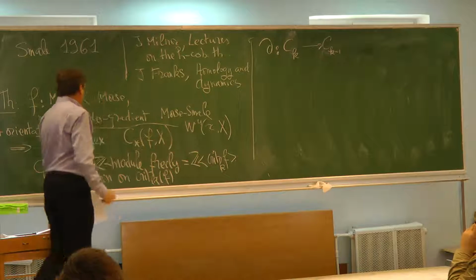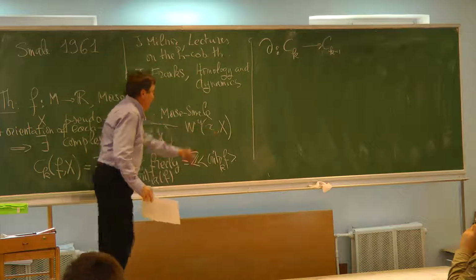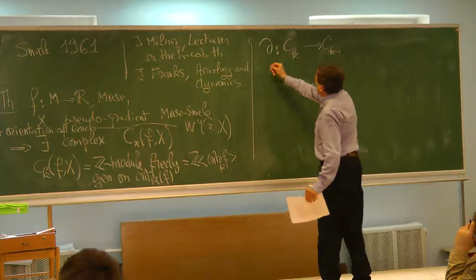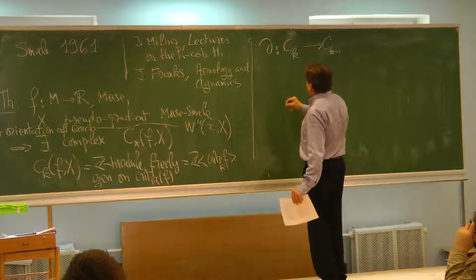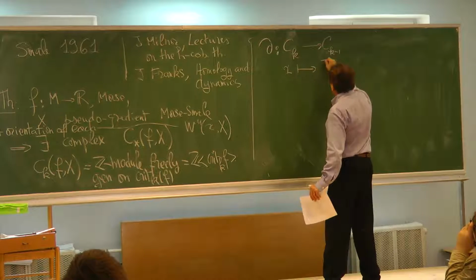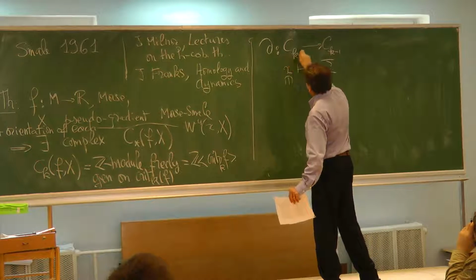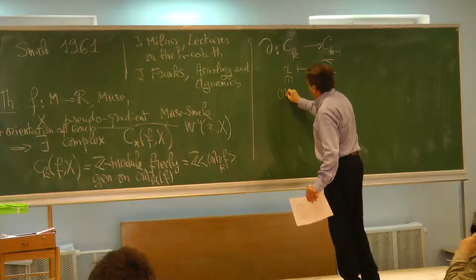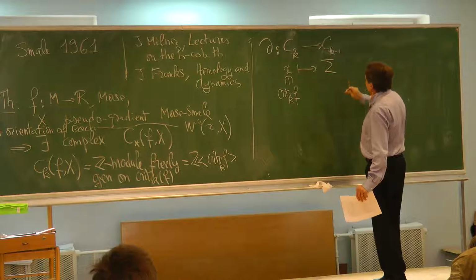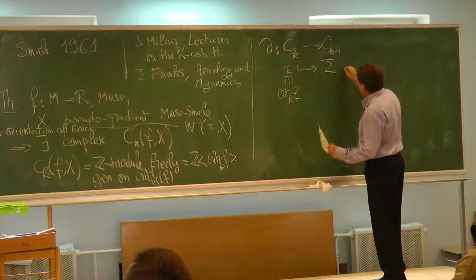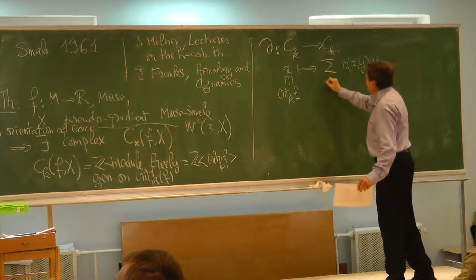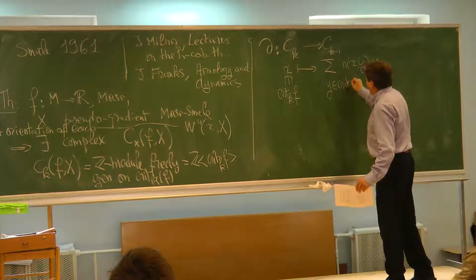You orient this unstable manifold arbitrarily, and now you have a formula for the differential, which is this one. x maps to a sum. x is a generator of C_k, a critical point of index k of f, and it is mapped to a linear combination with integer coefficients. The sum is over the critical points of index k minus 1.